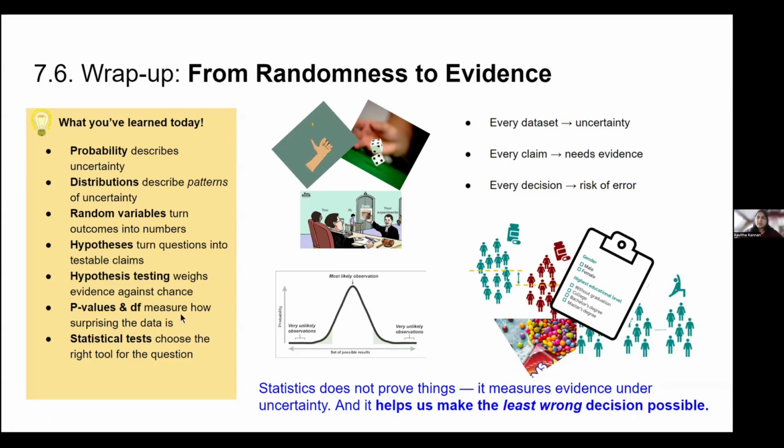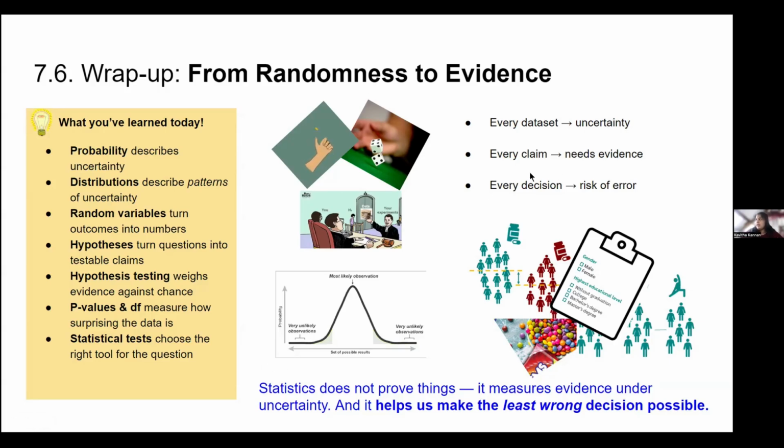These measure how surprising the data is if the null hypothesis is true, or if it is actually saying, no, the convict is actually guilty, put him in jail. And then the statistical tests are just tools for your question. Your research is the bigger part, but all of these are just tools for you and for other people to access your research.